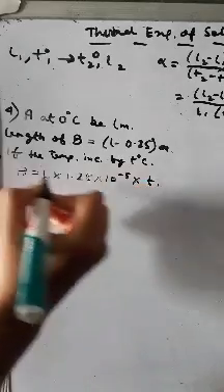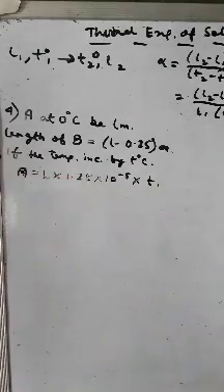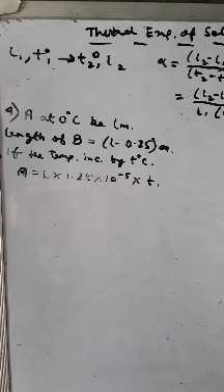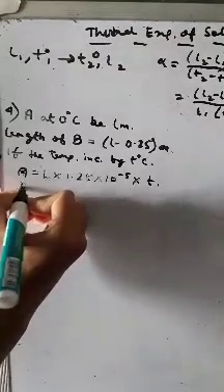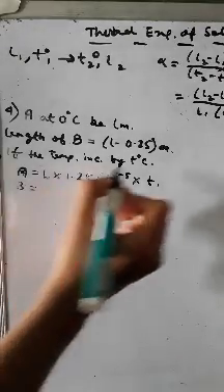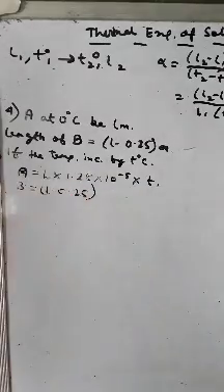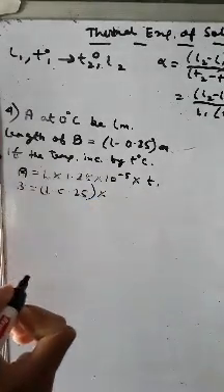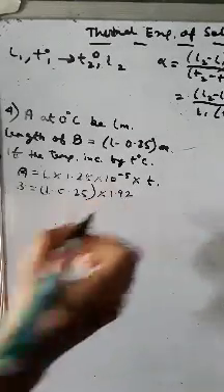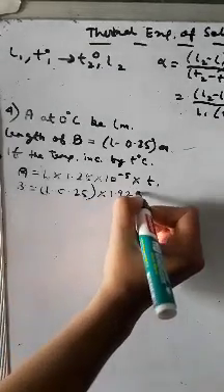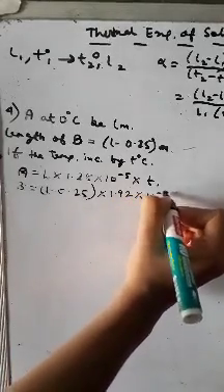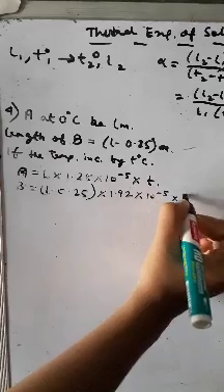So this is the linear expansion of the rod A. Now, students, write down the value of the linear expansion of the rod B. That will be L minus 0.25 into 1.92 into 10 to the power minus 5 into T, isn't it?